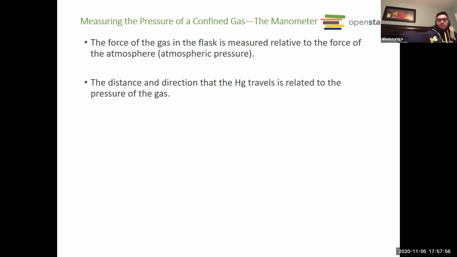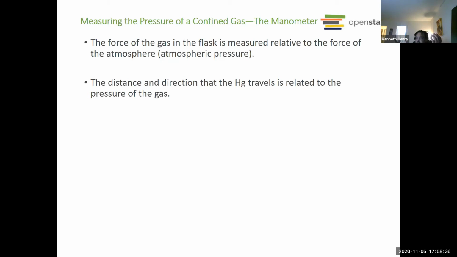Okay. So in this context, when we're doing the measurements, we have to make sure that we understand the direction that it's going. So is it going towards the gas or is it going towards the atmosphere? And then we just use that distance, or the delta H that we acquire, to figure out whether we're going to be adding atmospheric pressure to that height, or subtracting atmosphere from that height, or subtracting that height from 1 atmosphere.